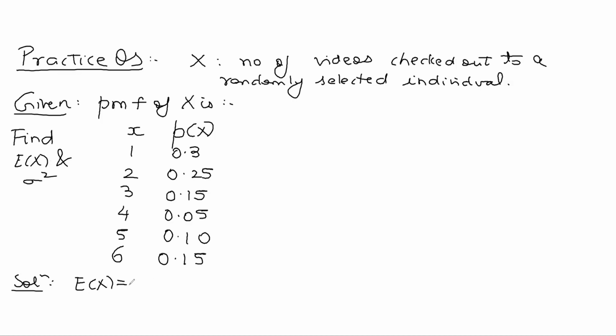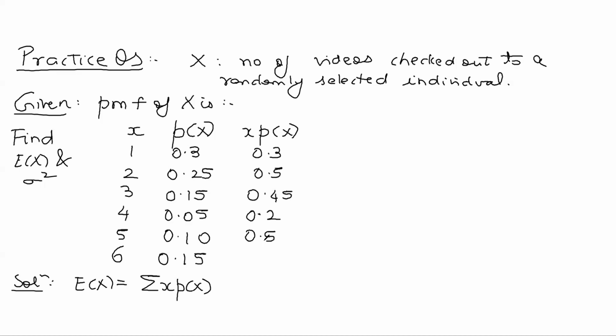Expected value of X is summation X into P of X. We can quickly find X into P of X. It will be 0.3, 0.25 into 2 is 0.5, 0.15 into 3 is 0.45, 4 into 0.05 is 0.2, this will be 0.5, and this will be 6 into 0.15, which is 0.9.